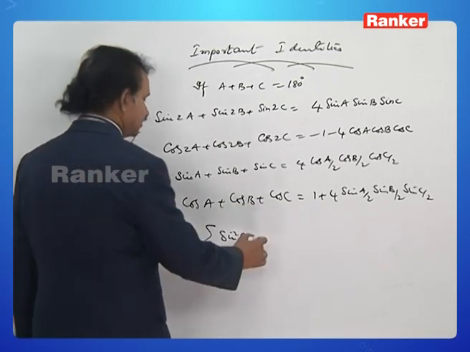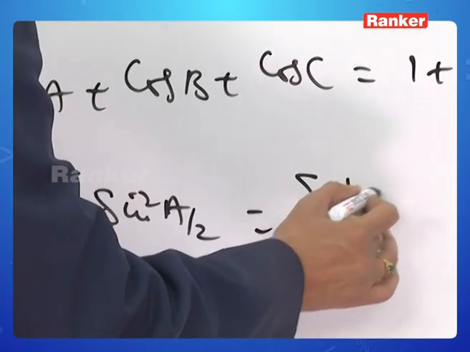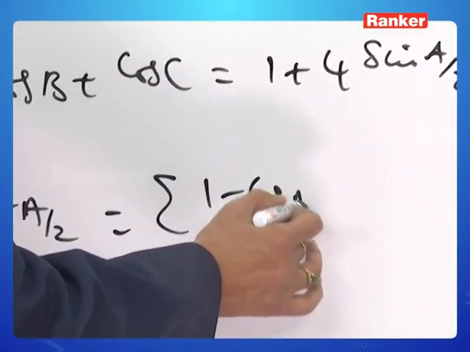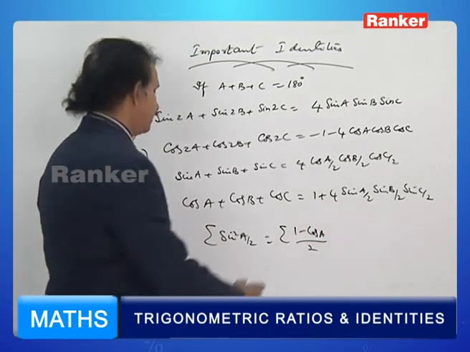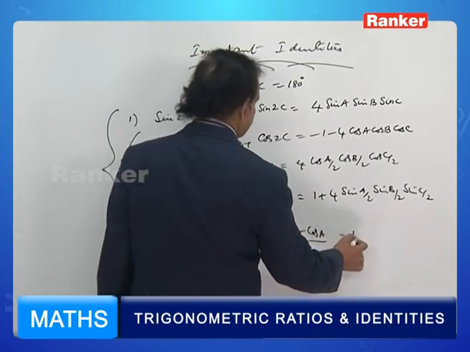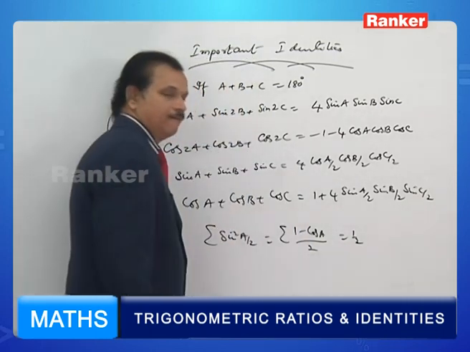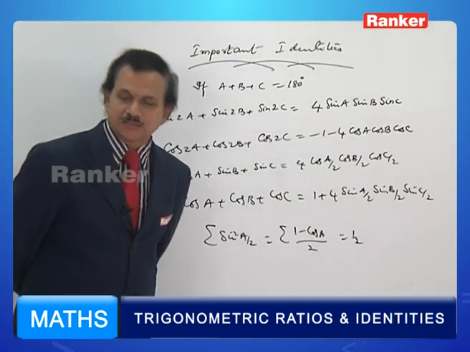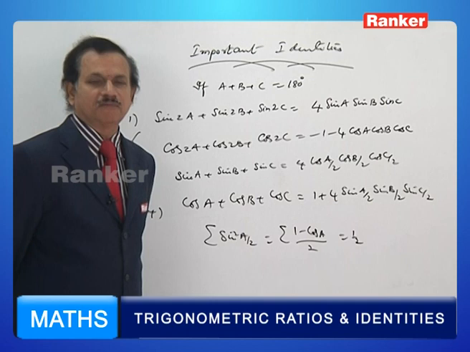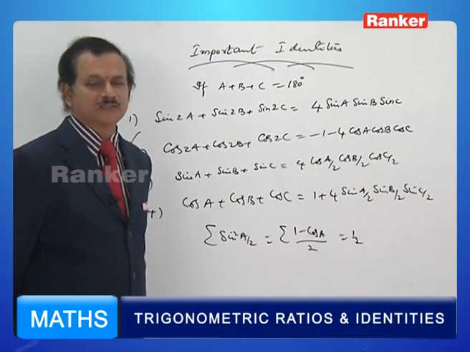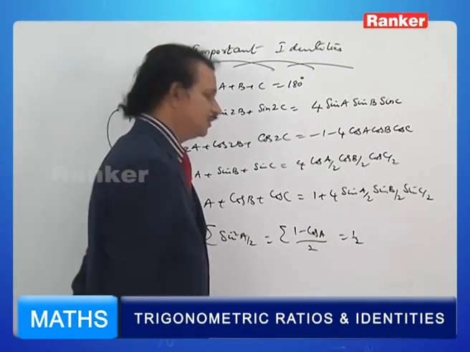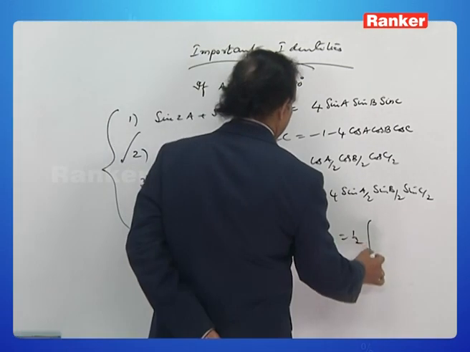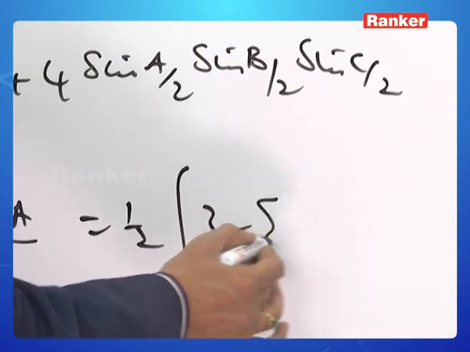How? You can write it as (1 minus cos A) by 2. Let me take half out into sigma (1 minus cos A): 1 minus cos A plus 1 minus cos B plus 1 minus cos C. That is 3 minus (cos A plus cos B plus cos C). That is half into 3 minus sigma cos A.